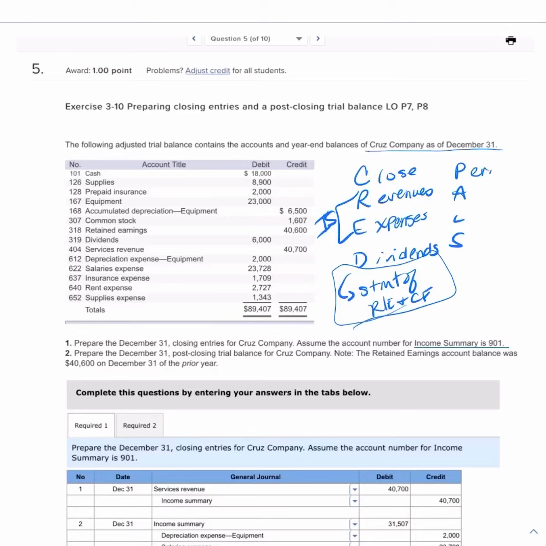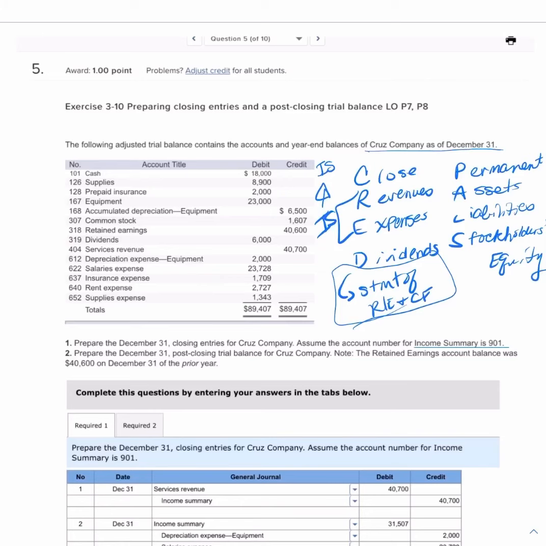The next thing that we needed to talk about then were what accounts do not get closed, and we said, well, that is our assets, liabilities, and stockholders' equity. So, in this case, the accounts that are part of the income statement will go to the income summary account.